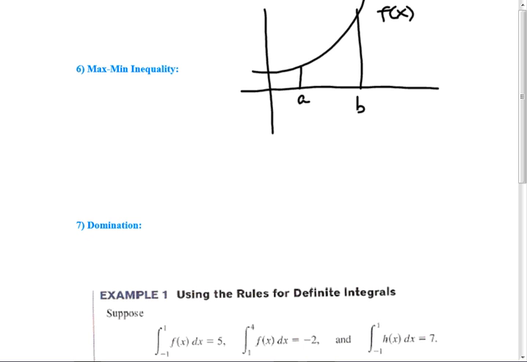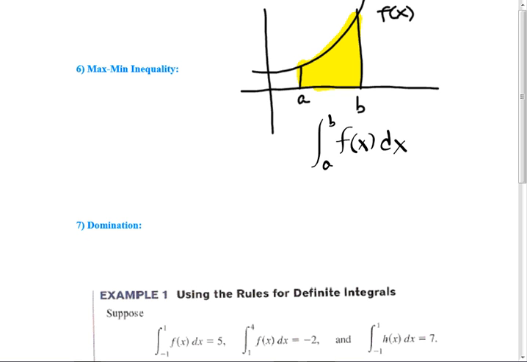And all this is saying, if I want to find this area, so that's the integral from a to b of f of x dx. Well, it's bounded.